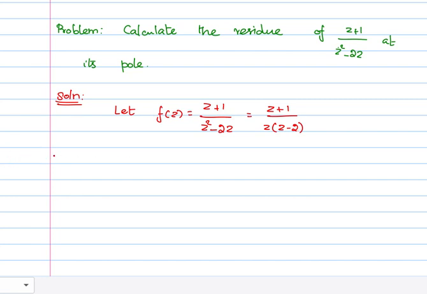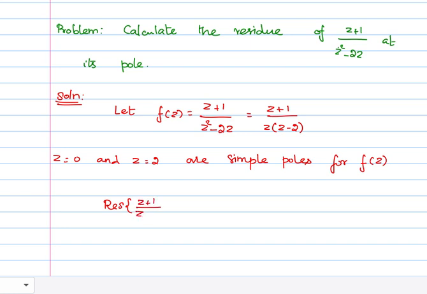So this implies z is equal to 0 and z is equal to 2 are simple poles for the given function f of z. These are simple poles only, so I can use the first or second result. For the residue at 0, you can use the first, second or third formula. I will go with the first formula: z tends to 0, simply multiply z with z plus 1 divided by z times z minus 2.